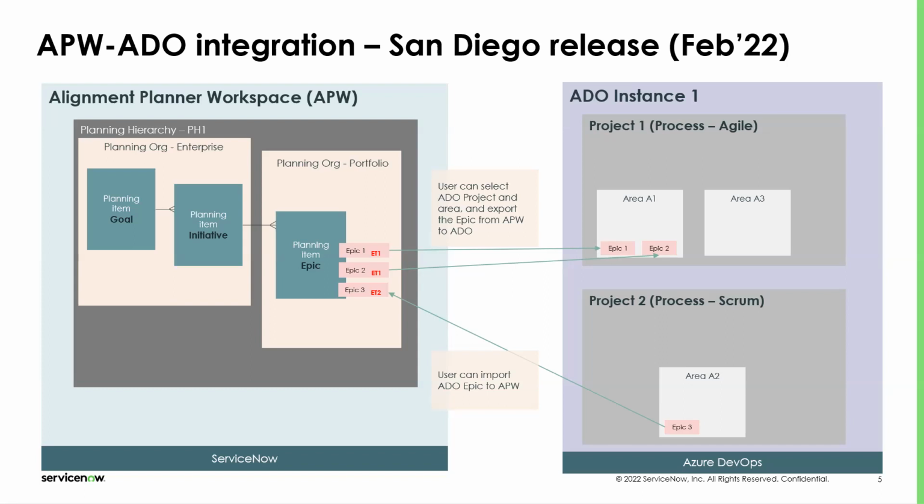So as part of this integration, we are providing an out-of-the-box table map for the epic table with certain out-of-the-box field maps. If you have any further requirement of adding more fields or editing the existing fields, you have all the liberty to do so. So depending on your table maps and field maps, the fields in those epics will talk to each other and will get set.